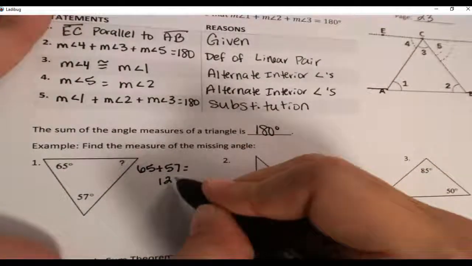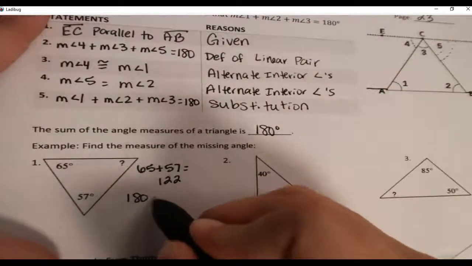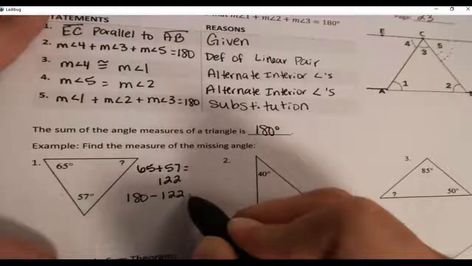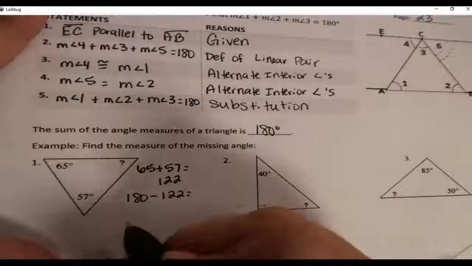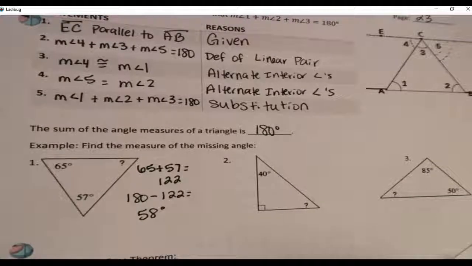Good, 122. Good, so 180 minus 122. So then that angle is 58 degrees. Good. Question.